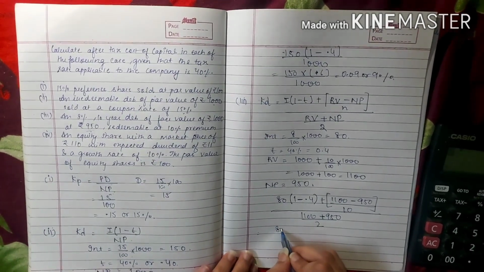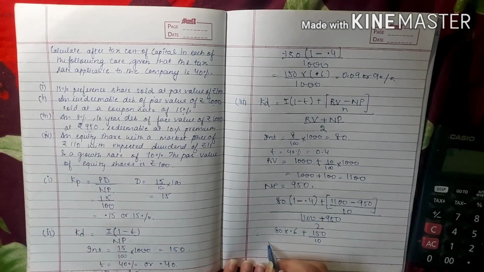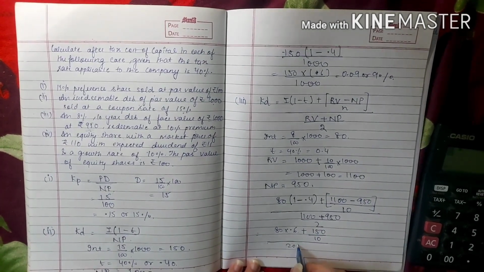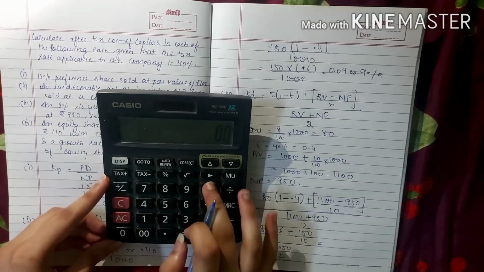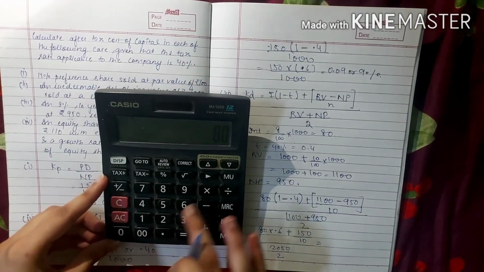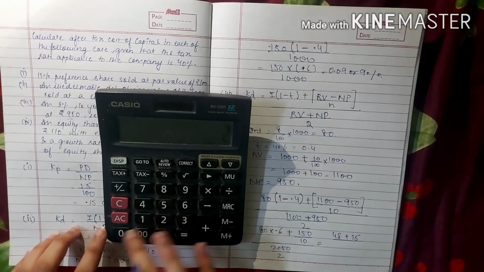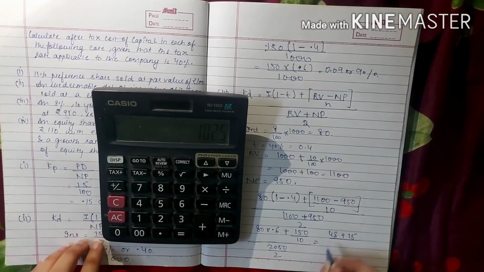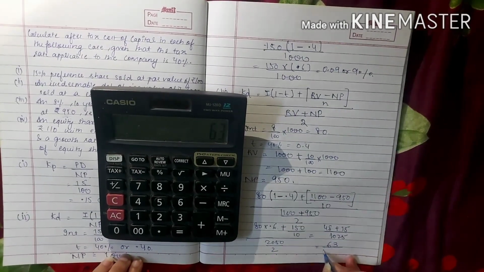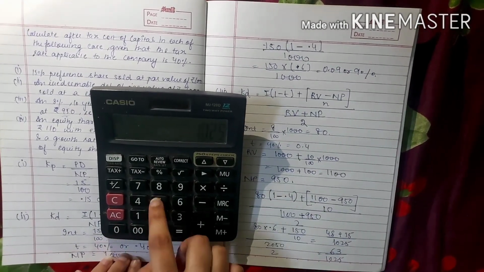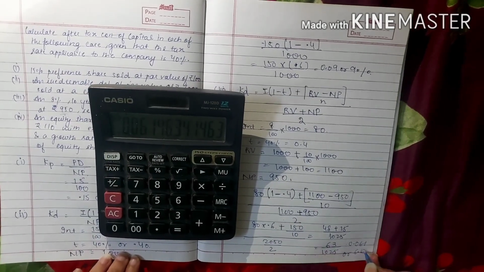Now solving it, 80 into 0.6 is 48, plus 150 upon 10 is 15, upon 2050 divided by 2, that is 1025. 48 plus 15, 63, divided by 1025. It is 0.061 or 6.1%.